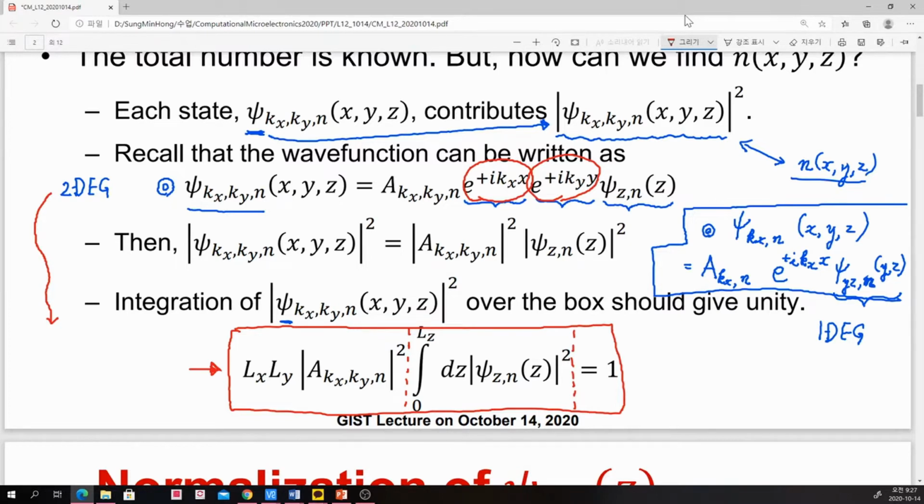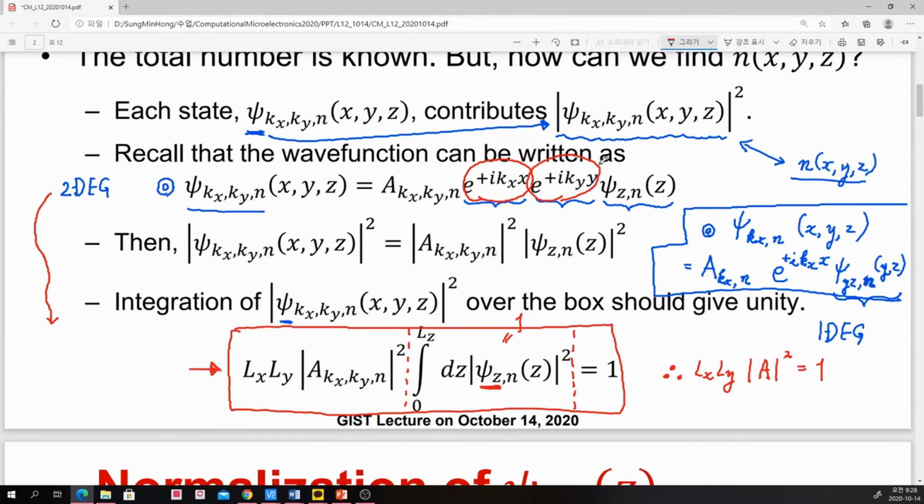So the integration of the absolute square of the z directional psi also gives unity.